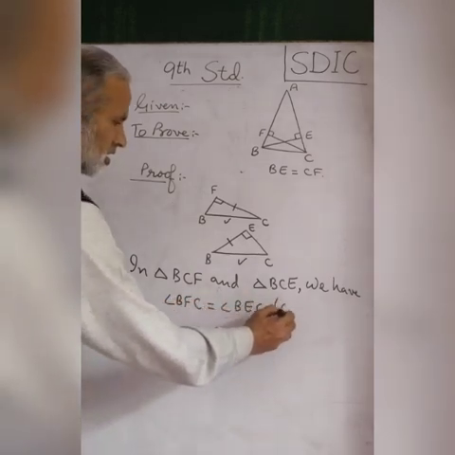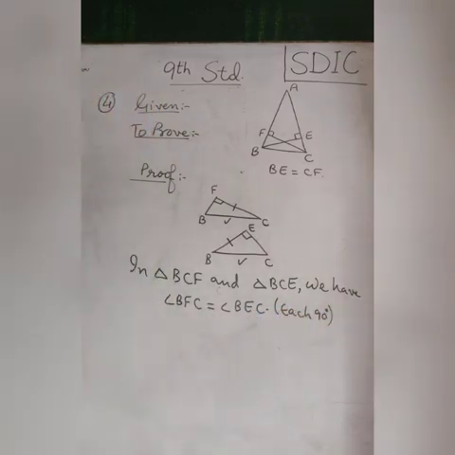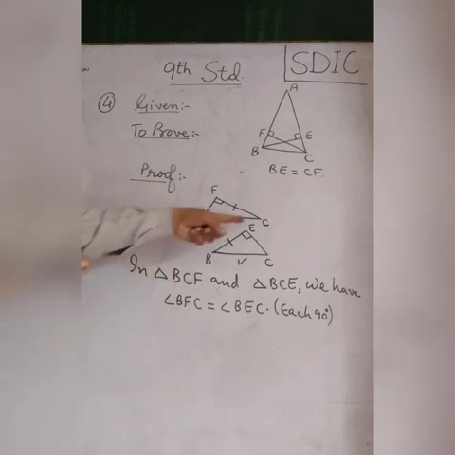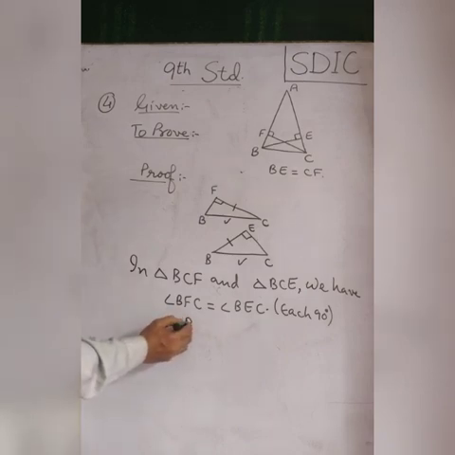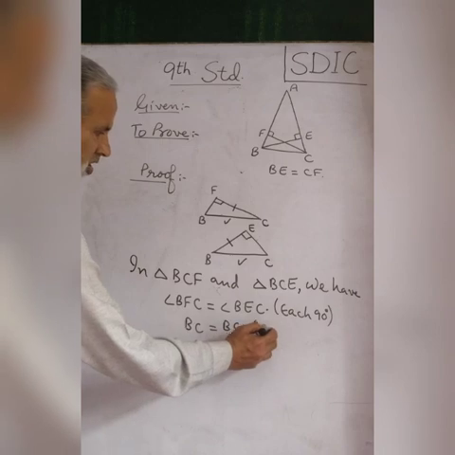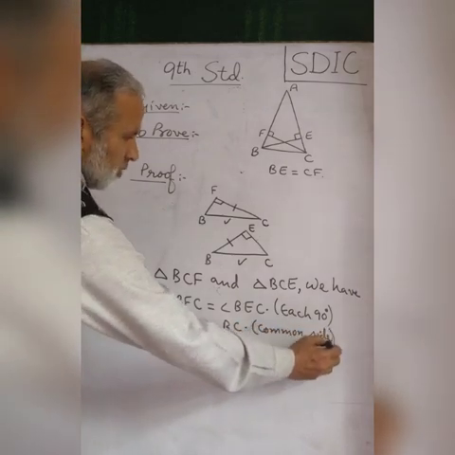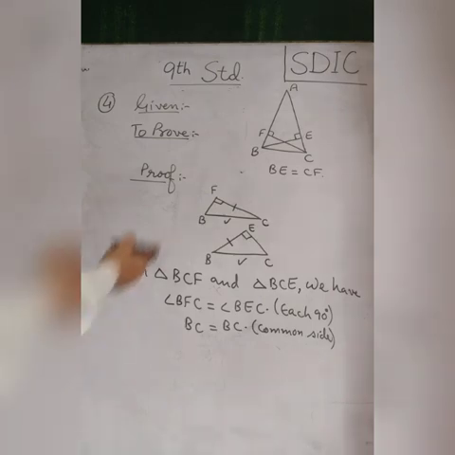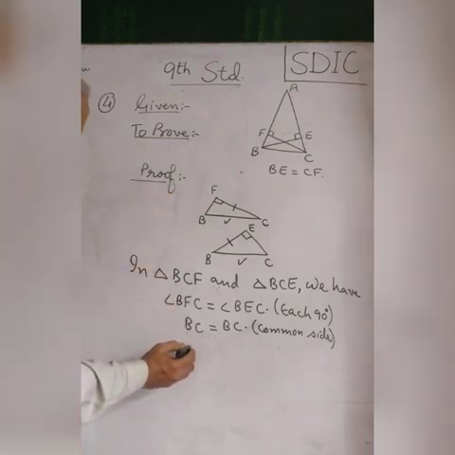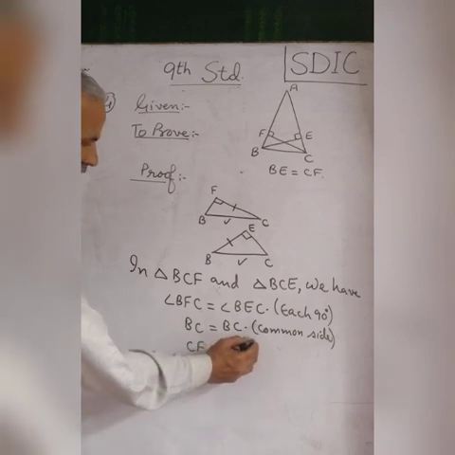Reason is each 90 degrees. RHS has first R, right angle, I have written first, followed by H, hypotenuse, and the hypotenuse here is the common side. BC is equal to BC, common side. It is the hypotenuse of the two right triangles. And then we also have CF equal to BE, which is given to us.